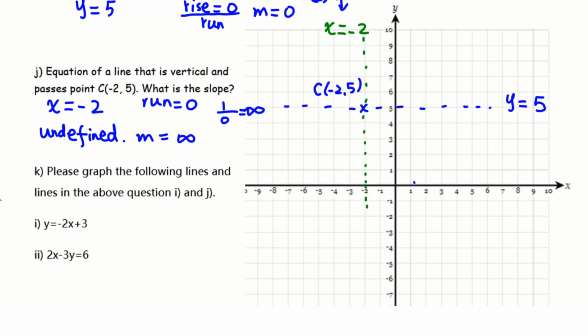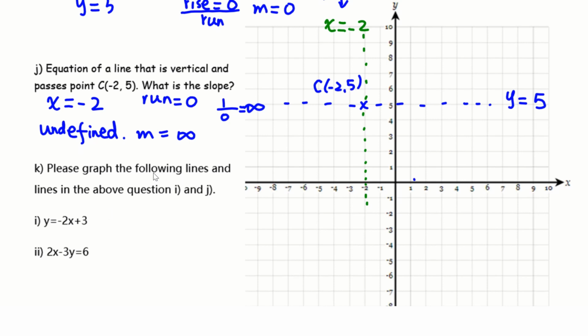And the question K, we are going to practice on graph a line in this. Graph these two in the question I and J. So this is for question I, this is for question J, and also graph these two following lines. So graph the first one, y equals negative 2x plus 3.